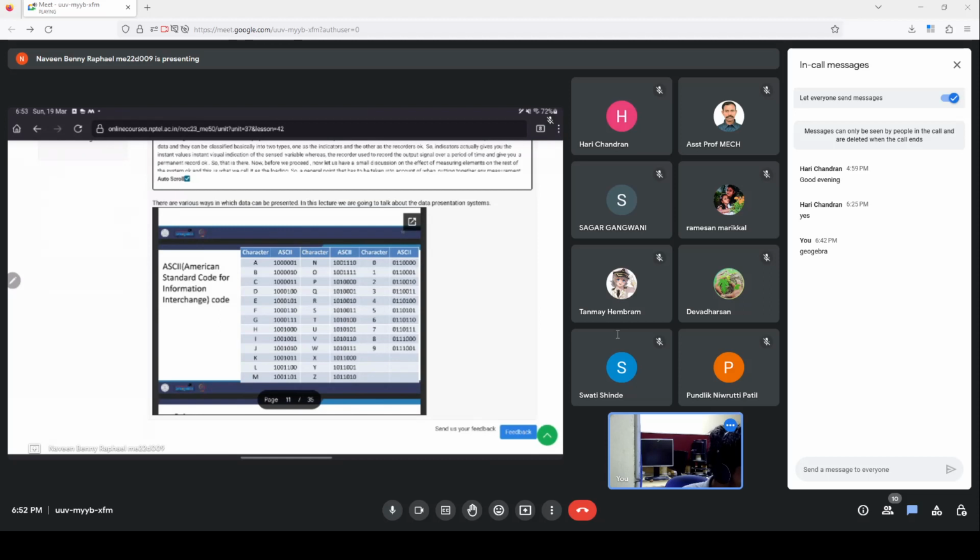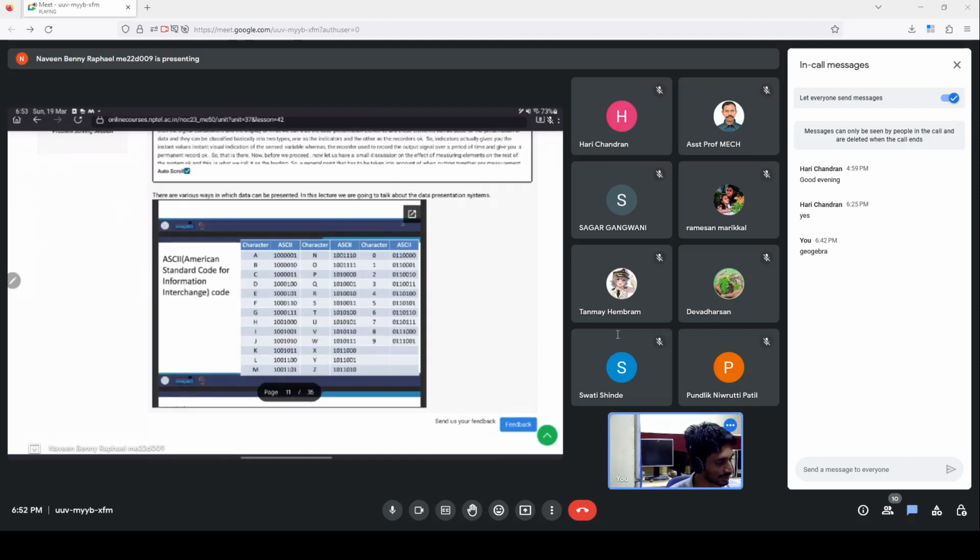So while capital A is 10001, small letter a will be 110001, if I remember correctly. It's not too difficult to understand how the ASCII system works.